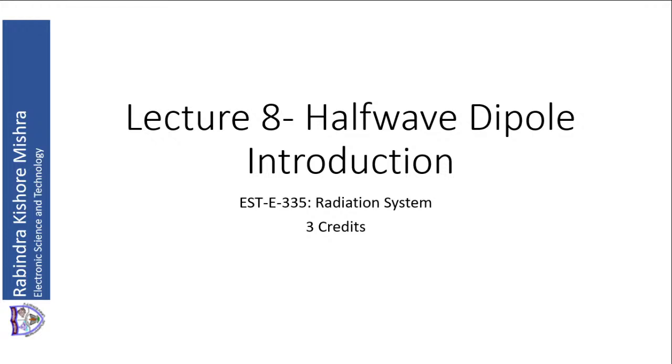So if I want to feed maximum power, then I should have maximum current. And therefore, I fold the transmission line at a point where it has maximum current, which will be a quarter wavelength from the terminating end.